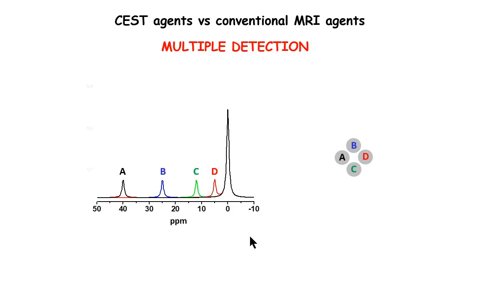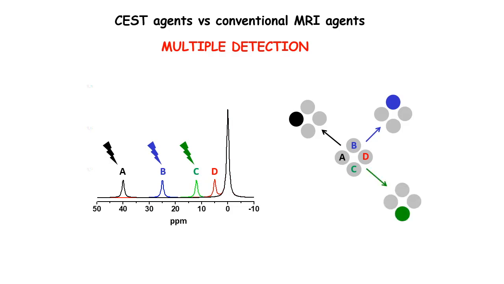So this then allows us to solve the basic issue that we cannot tackle with gadolinium or other relaxation agents, that is to identify in the same anatomical region different agents, because now it's just important to shift the offset of the irradiation field in order to interrogate selectively the agent A or the agent B or the agents C and D, and therefore to represent in the image under different colors the presence of the different agents.